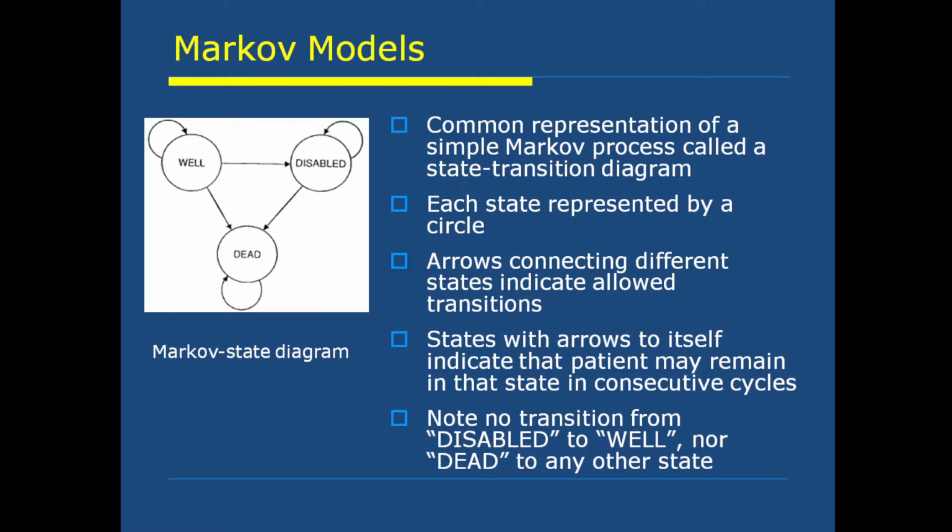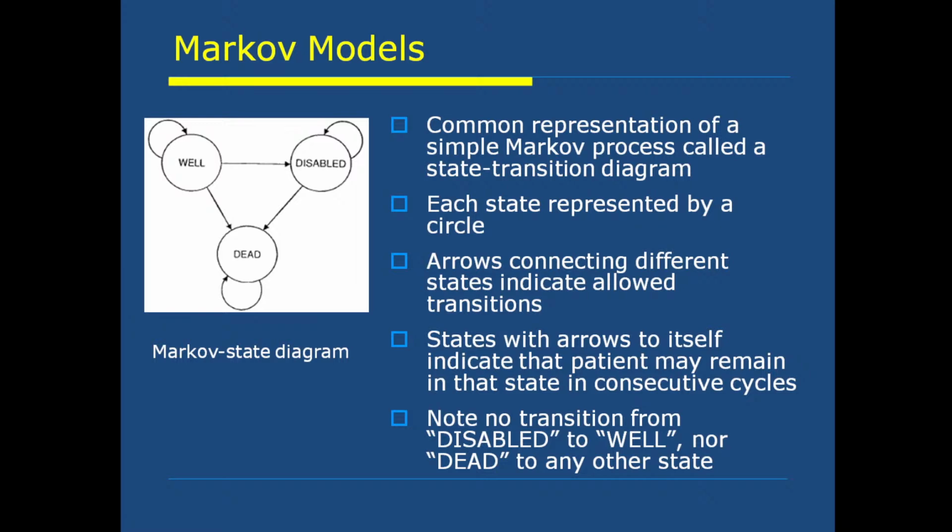Each state is represented by a circle. Arrows connecting different states indicate possible transitions. States with arrows to themselves indicate that patients may remain in that state in consecutive cycles. So look at the well state.